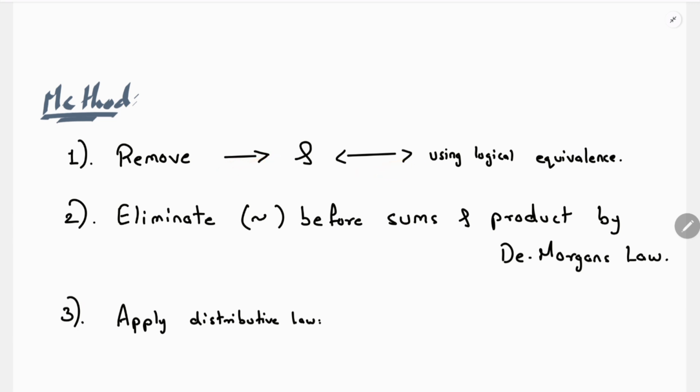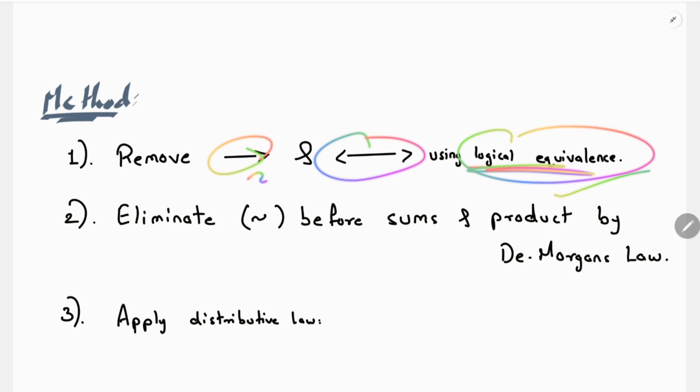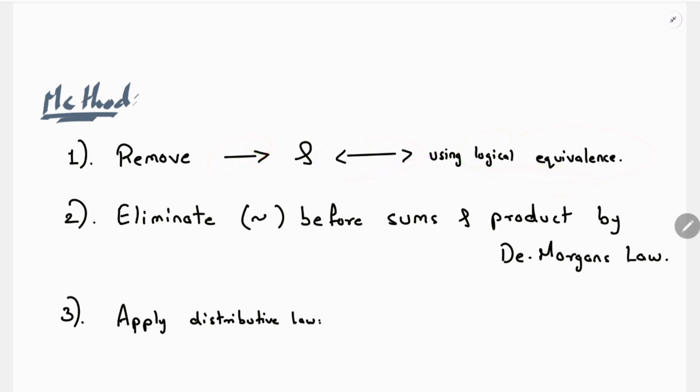I'll explain how to remove both signs and which logical equivalence we can use in their place. The second step is to eliminate negation before sum and product. We can eliminate the negation sign by De Morgan's law, as I taught you in the last lecture. And in the third part we will apply the distributive law.